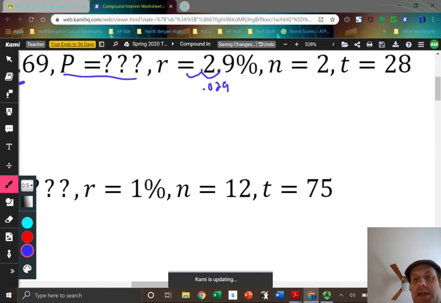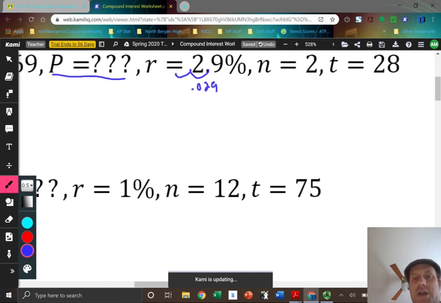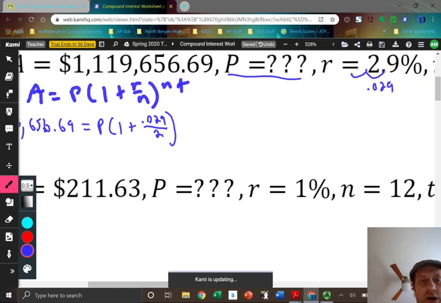N is 2 here, and T is 28. So N times T is 28 times 2, which is 56, so that's all to the 56 power.